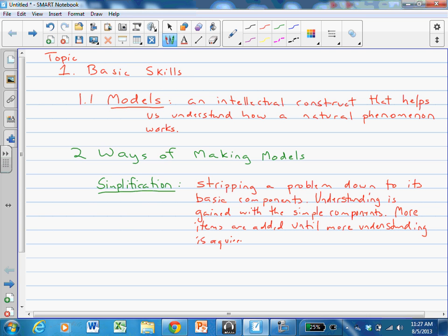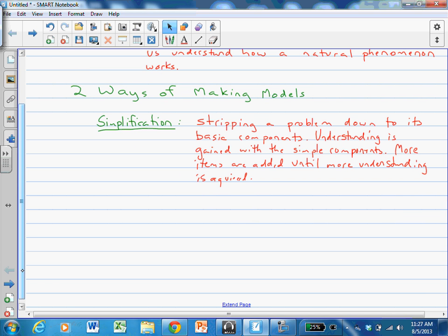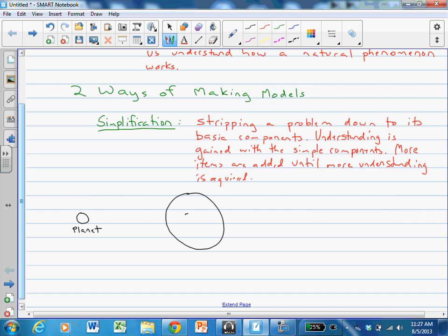For example, when we talked about the planets, you might pick a planet, and you might have the star or the sun. We know this planet is moving around the sun.